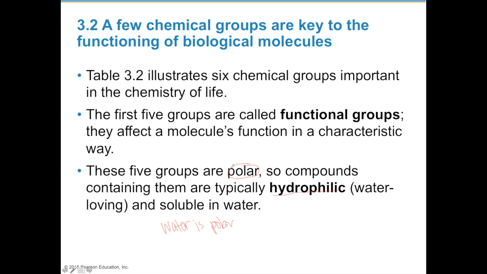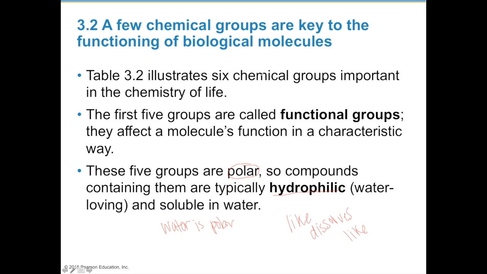So anything that is also polar is hydrophilic, like dissolves like. Polar things like other polar things, all right? Just like non-polar things will like other non-polar things.